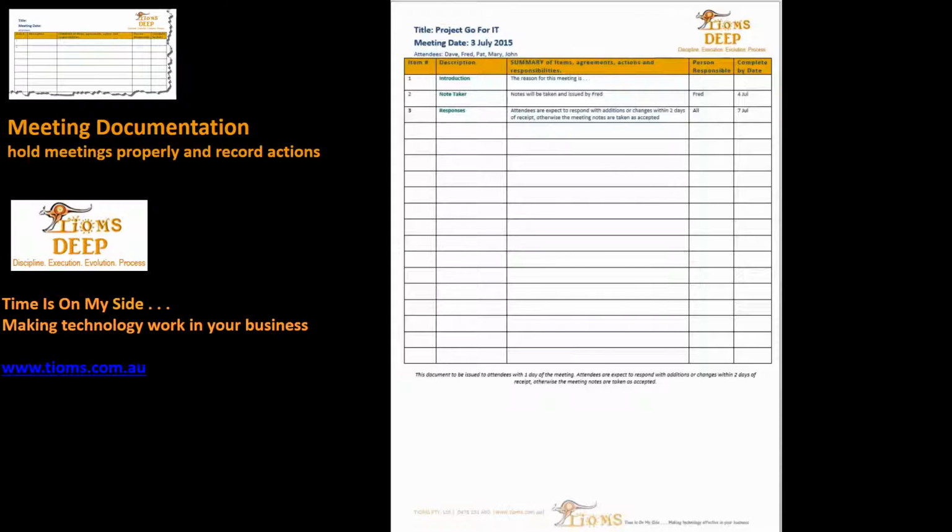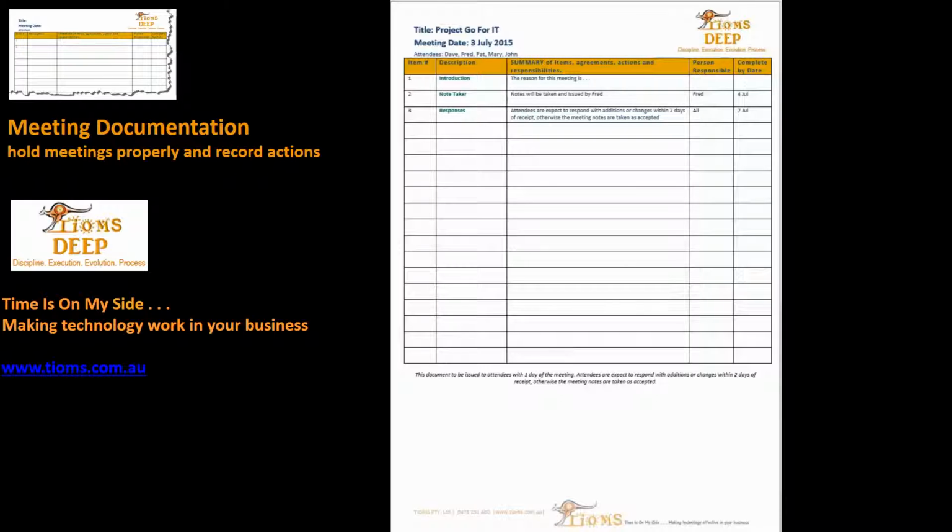And if you keep a unique item number recorded for everything that's on the meeting document, then you can look back over time and refer to specific items very easily.